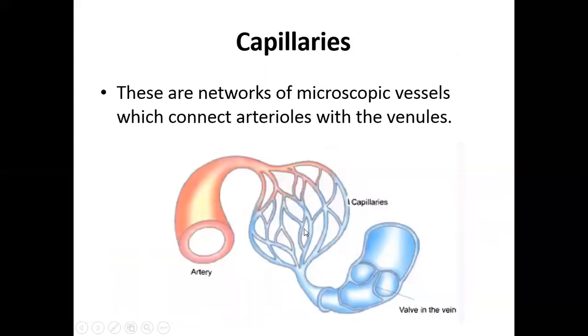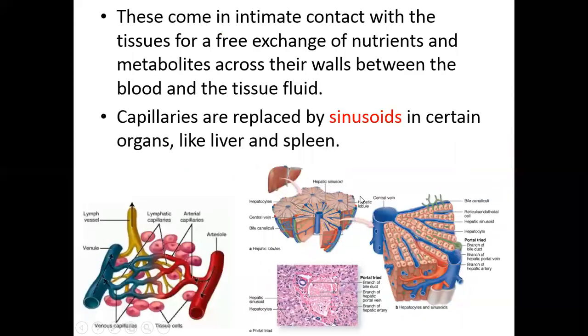Capillaries are microscopic vessels which connect arterioles to venules, and they are at the tissue level and they come in contact with tissues, and here exchange of nutrients, metabolites occurs. In some organs, capillaries are replaced by sinusoids.